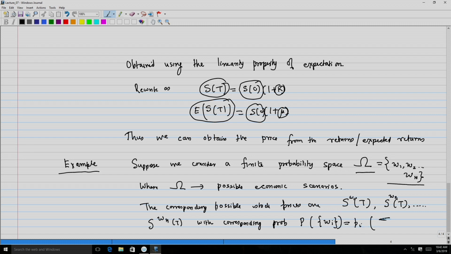So, obviously the summation of p i, i equal to 1 to n, is going to be equal to 1.